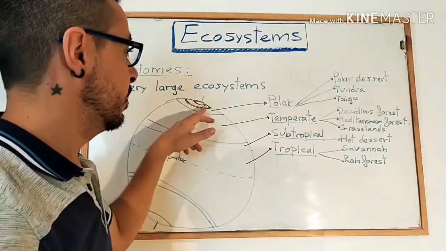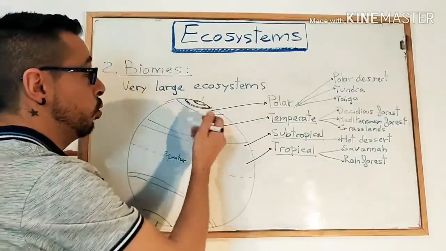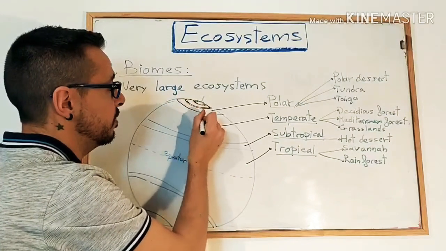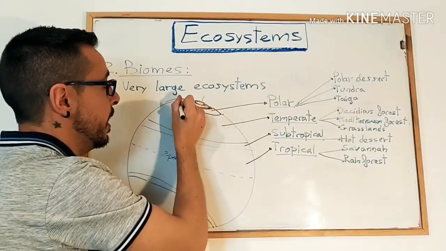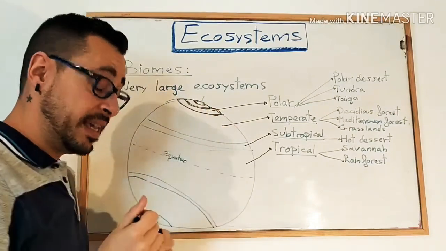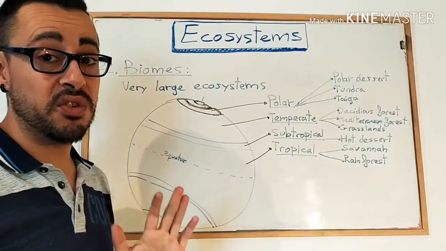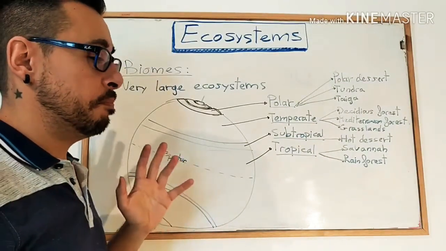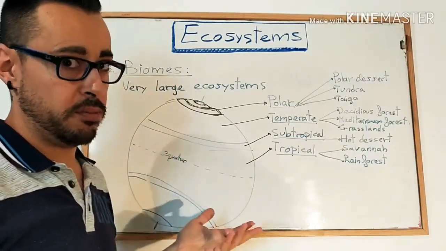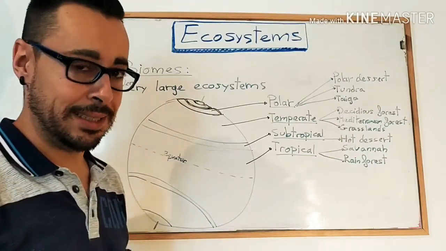Next one, the taiga, okay? Taiga is just below the tundra in this part. And here some trees can grow, but only pine trees, okay? Gymnosperms, which are pine trees, and spruces.